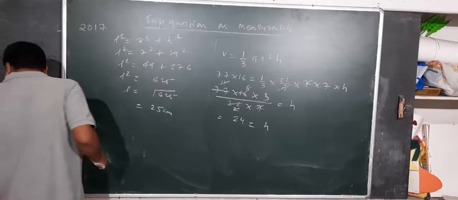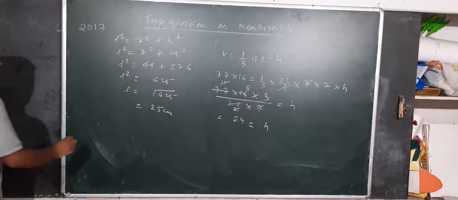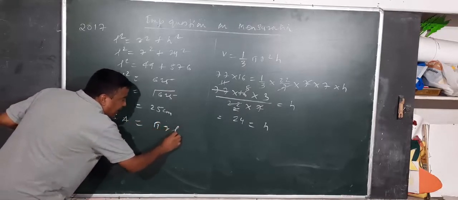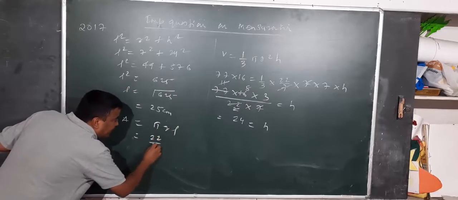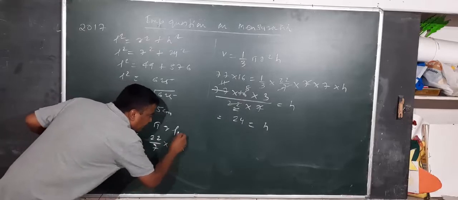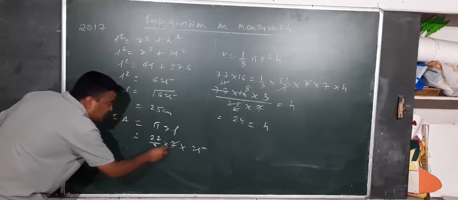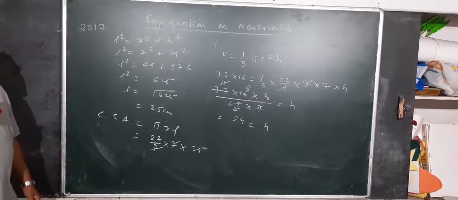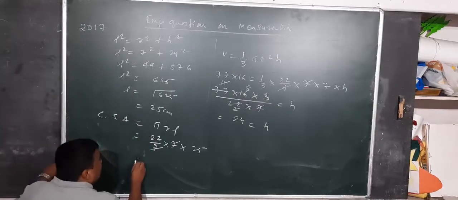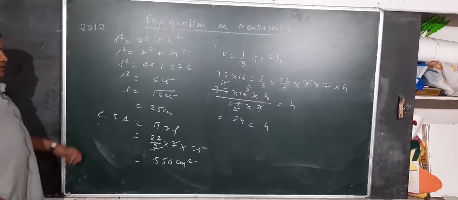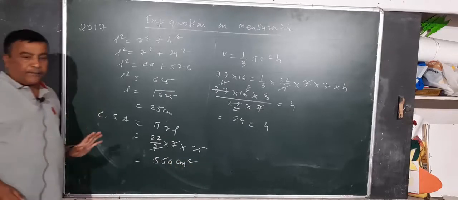Now you can find out the curved surface area. Curved surface area is pi r l. The value of pi here is 22 by 7 into radius 7 into L, which is 25. These two will get cancelled. If you multiply 22 into 25, you will get 550 meter square.